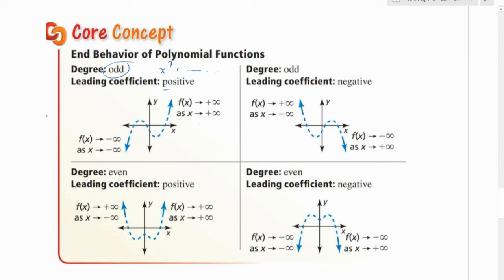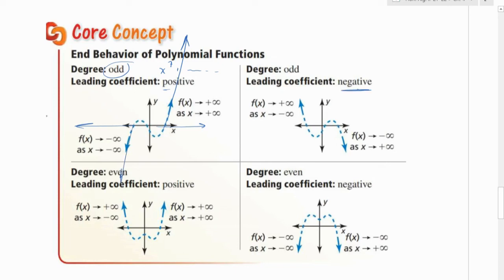As you're heading towards positive infinity, positive numbers to the 7th power are going to be positive numbers, but the bigger x gets, the huger those get. As you go off towards negative infinity, negatives to the 7th power, that's an odd power, those are going to stay negative, but absolute value-wise, they're going to be huge. You're going to approach negative infinity.